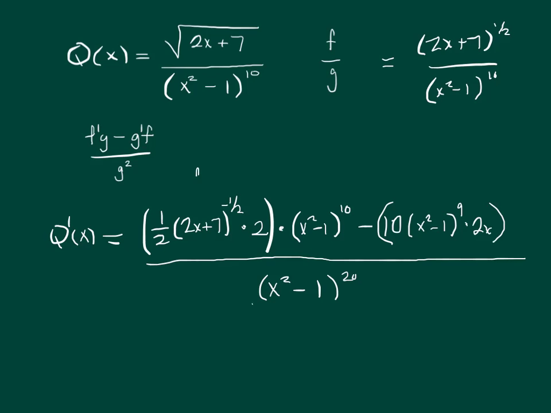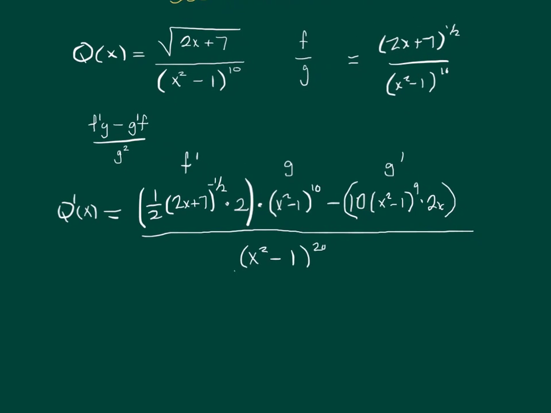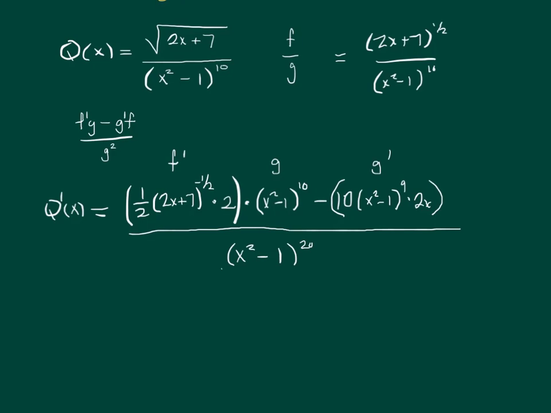So far we've dealt with f prime, g, g prime. As is our custom, we're running out of room. We extend our budget for the fraction bar and finally multiply by f, 2x plus 7 to the 1/2.